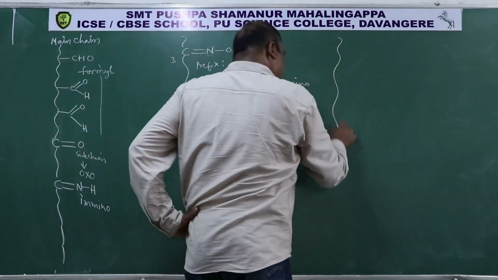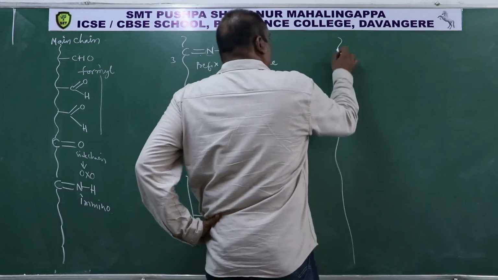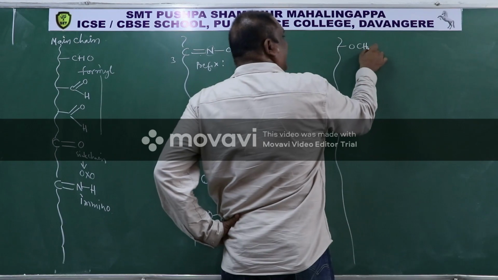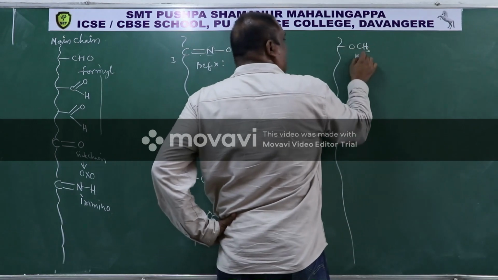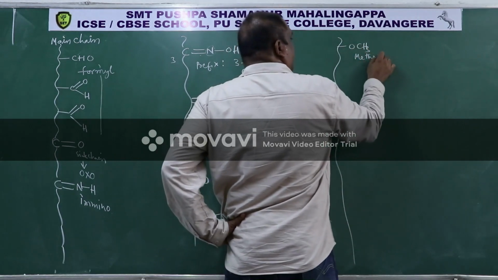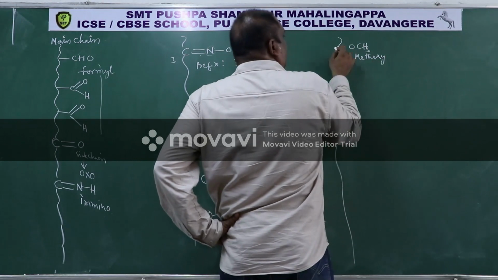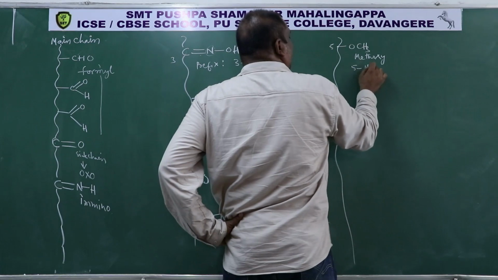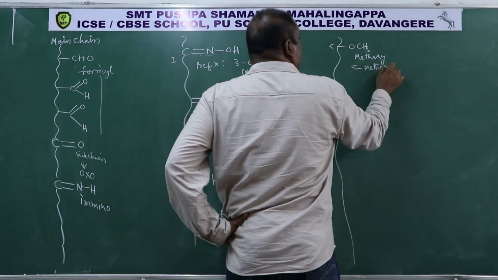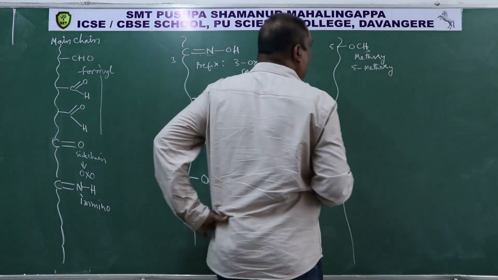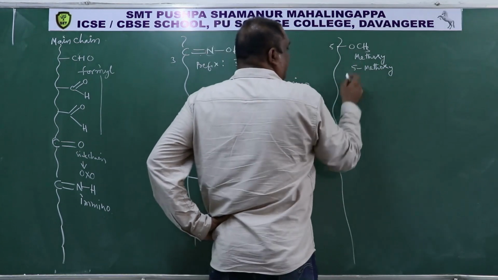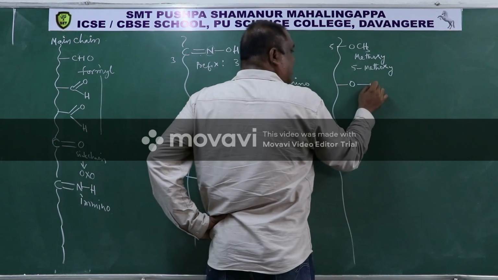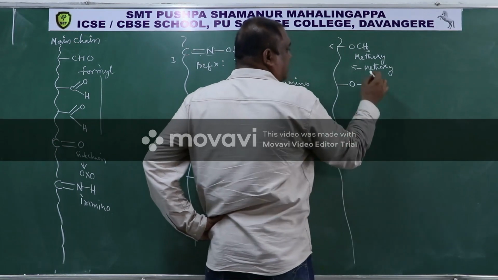Now suppose this is the main chain. If that R is a CH3 group, CH3 is called methyl. Methyl along with oxygen is called methoxy. Say this is the 5th carbon of the main chain, then the prefix becomes 5-methoxy. That CH3 group is also just written like this. This dot indicates the CH3 group, methoxy.